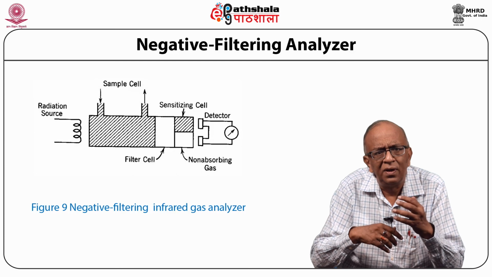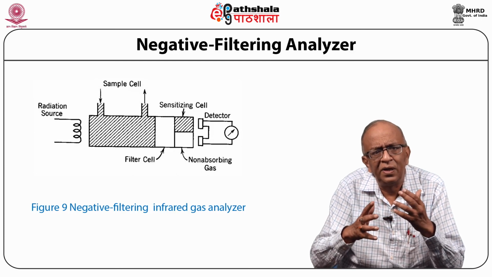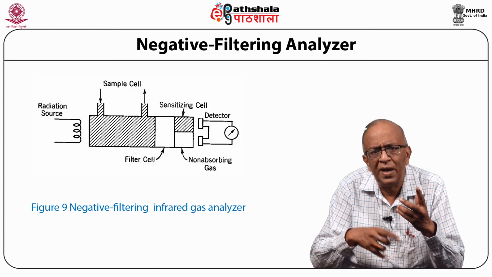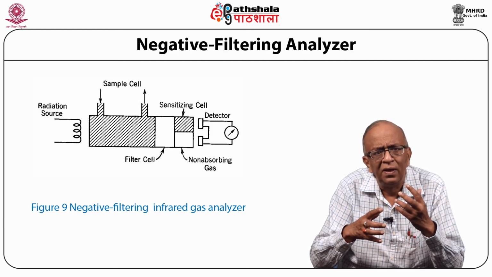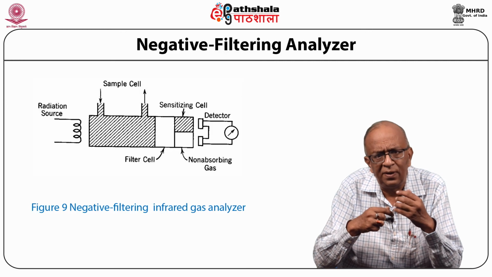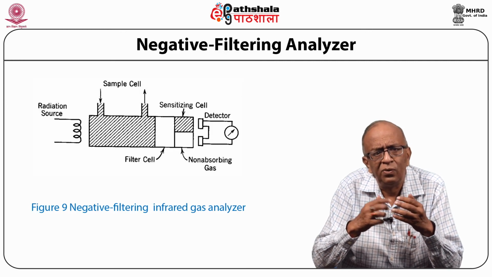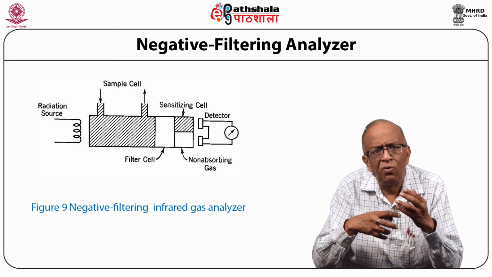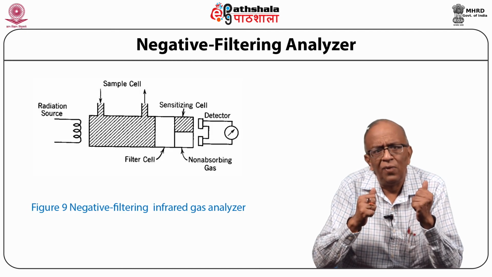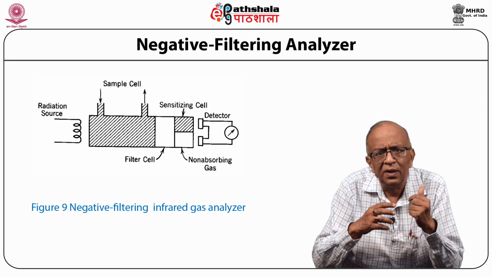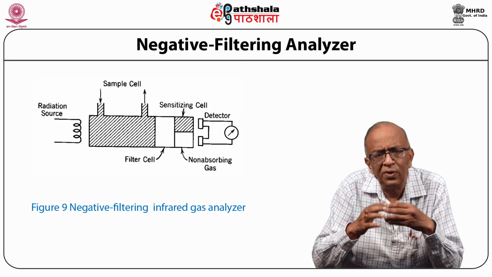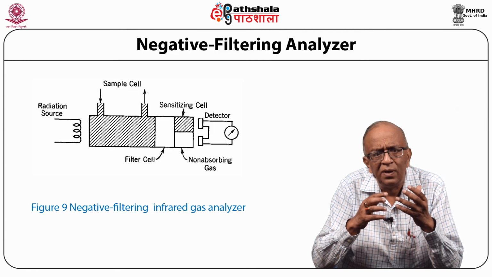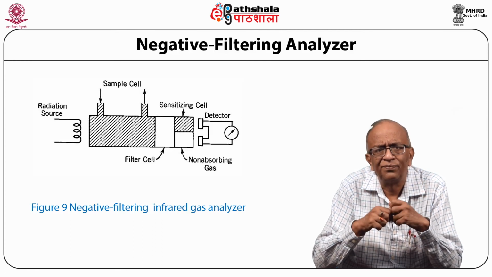Negative filtering infrared analyzer. In a negative filtering infrared analyzer, as shown in figure 9, a sensitizing cell that completely absorbs radiation corresponding to the component of interest is placed in front of one half of the detector. When the component is present in the sample, the intensity of the characteristic radiation passing through the sample cell is reduced.